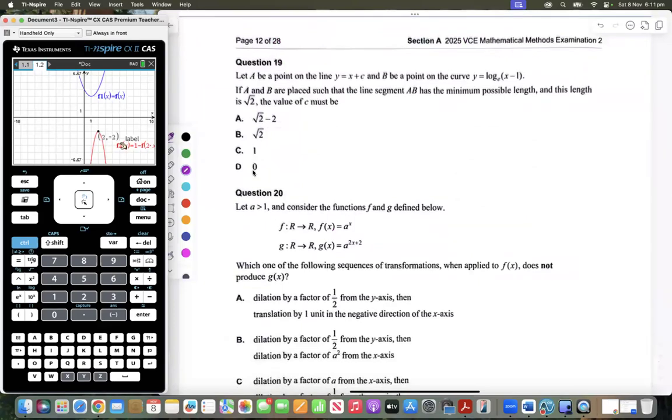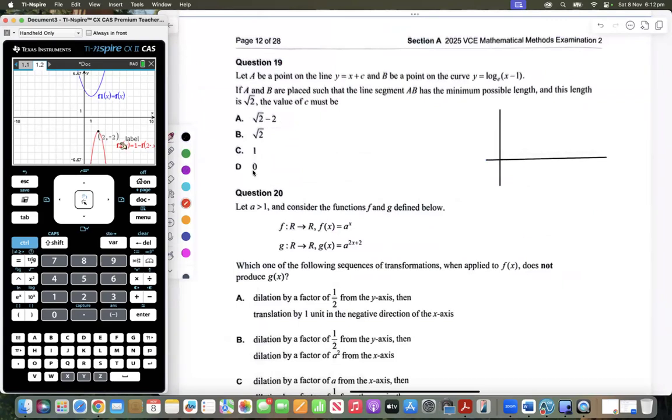Let A be a point on the graph, such that the line segment. So in this question, you have a graph, right? Your graph is a log graph, log(x minus 1).